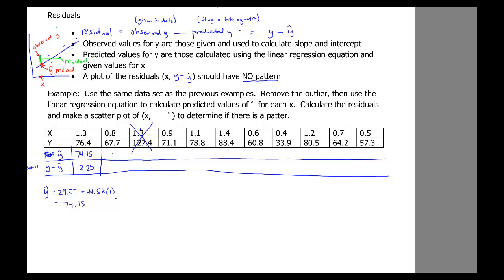So let's keep going. We have x equals 0.8. So again, you'd take your equation and plug in 0.8 for x, and when you solve that, you get 65.23. So I'll put that in the next box, 65.23. And if you subtract these, 67.7, the observed y, minus 65.23, the predicted y, we get 2.47.